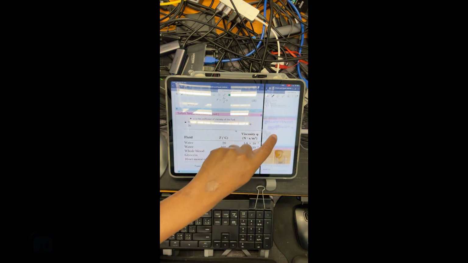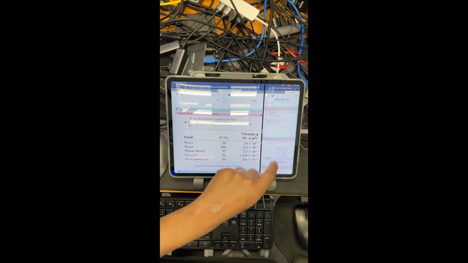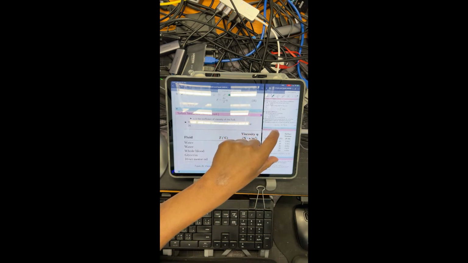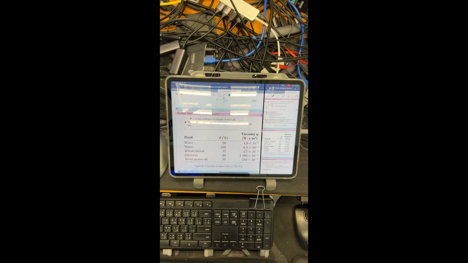Please don't be confused, the fluids have different properties. Before that, we have seen surface tension, which is in newton per meter, and it also depends on the temperature. If you have higher temperature, the surface tension is going to be lower too. And the same here. If you have water at 20 degrees, you would have 1 times 10 to the negative 3, that is 1 by 1000.